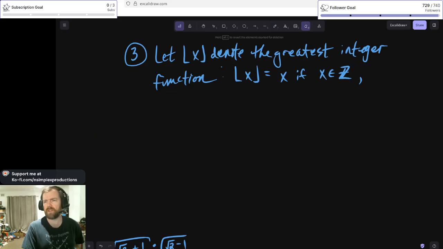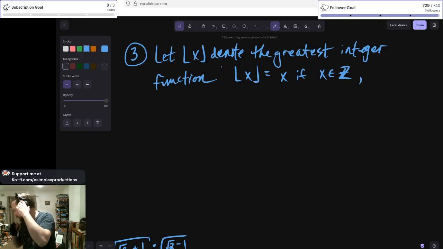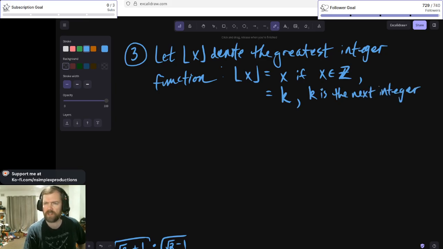Actually, that's not even true. That's just going to be, right? The floor function of x is going to be equal to x if x is an integer of any kind, or it's going to be k, where k is going to be the nearest integer less than or equal to x.